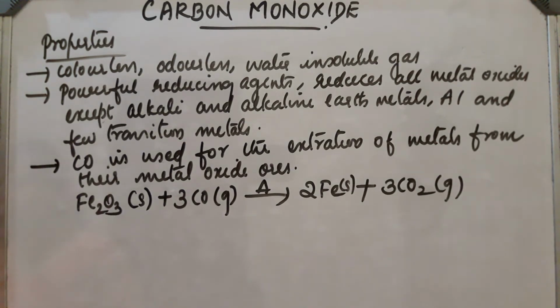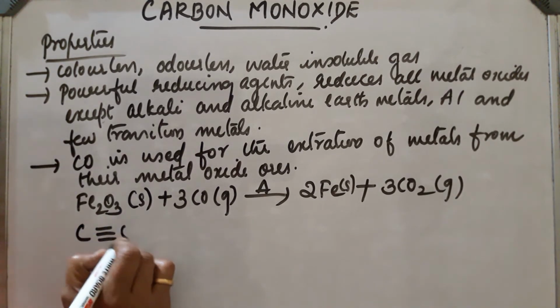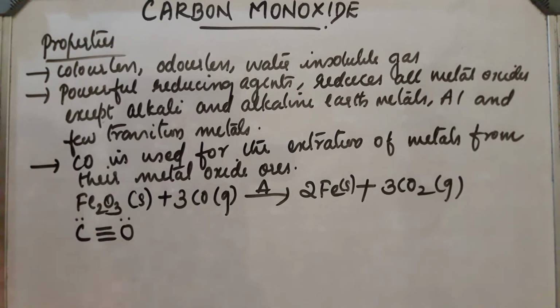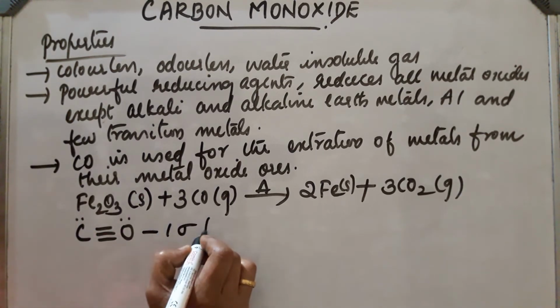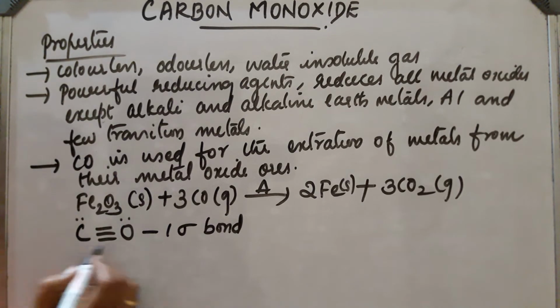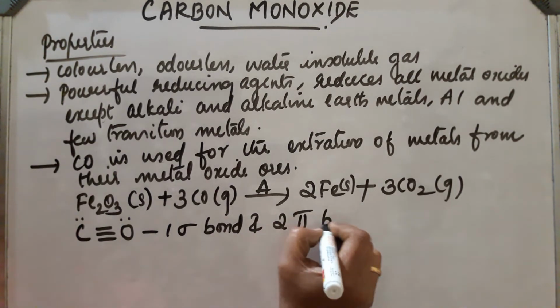Next important property: carbon monoxide, the structure will be like this. Carbon contains a lone pair and oxygen contains a lone pair, and it forms one sigma bond between C and O, and 2 pi bonds are there.